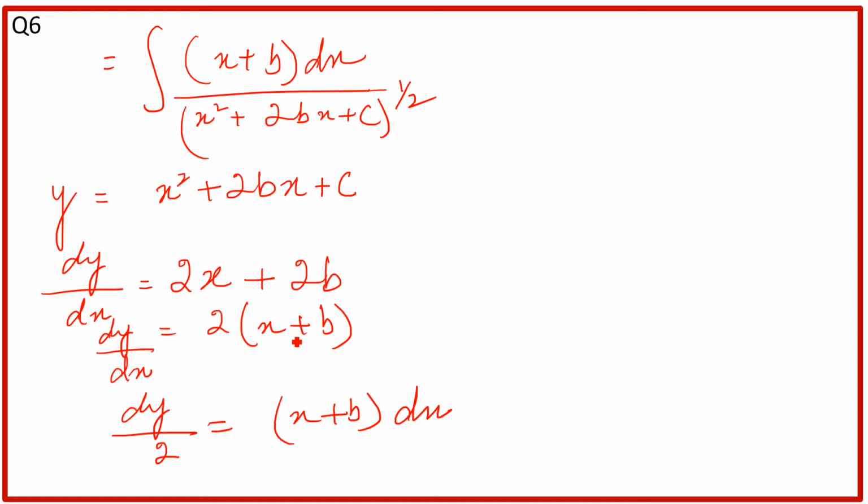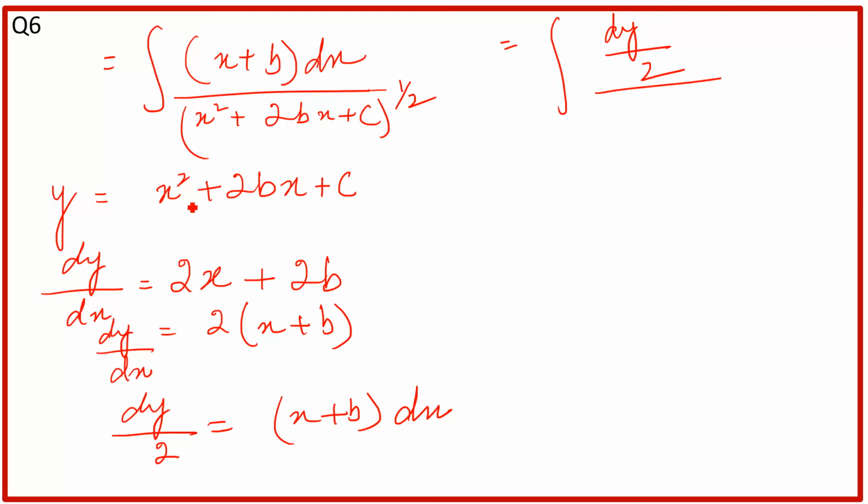So this dx will move here and this 2 will go there. In this way we have two separate variables, one on the left hand side and the other on the right hand side. So x plus b into dx is equal to dy by 2. Instead of x plus b dx, I can write dy by 2, as we have proved here.